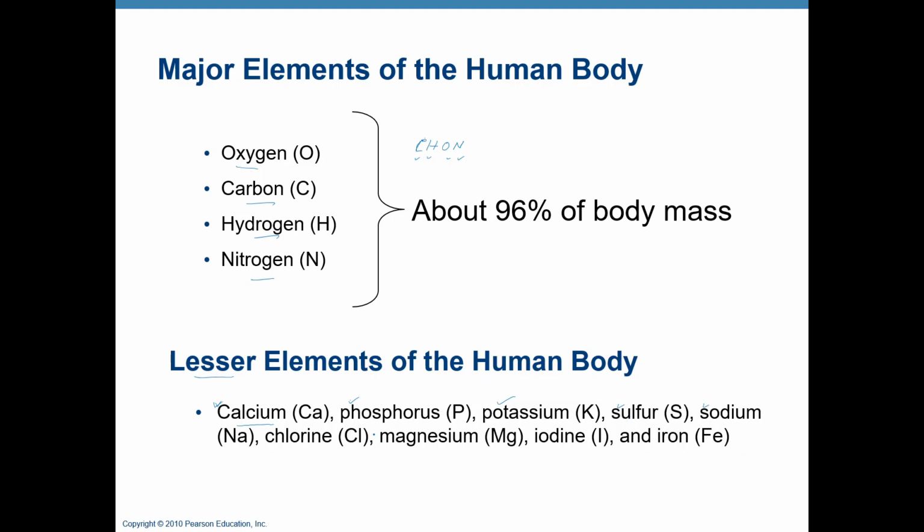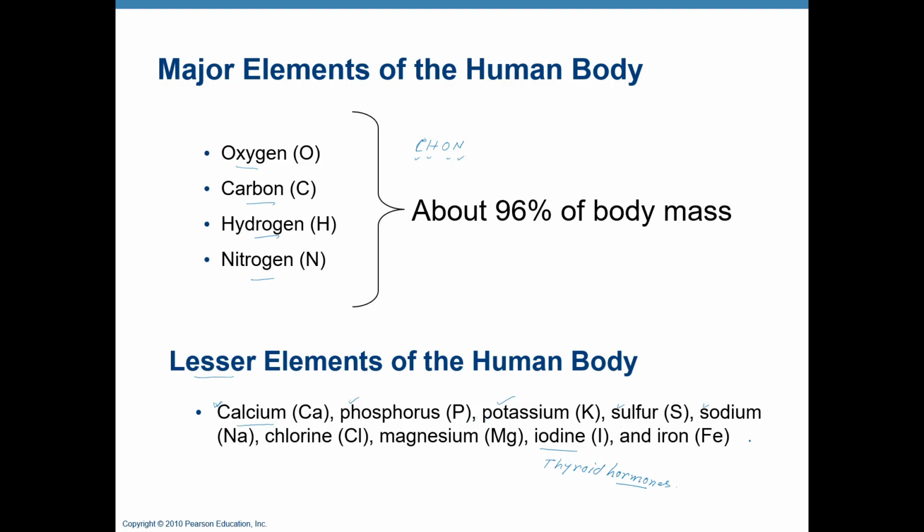For example, another example, iodine is essential for the synthesis of what? Thyroid hormones. And thyroid hormones are very important for the metabolism in the body.